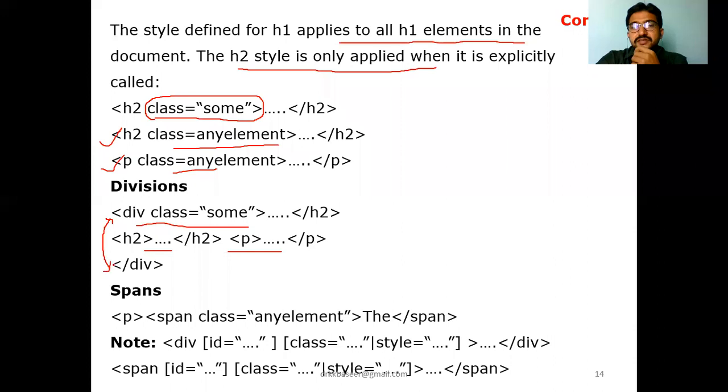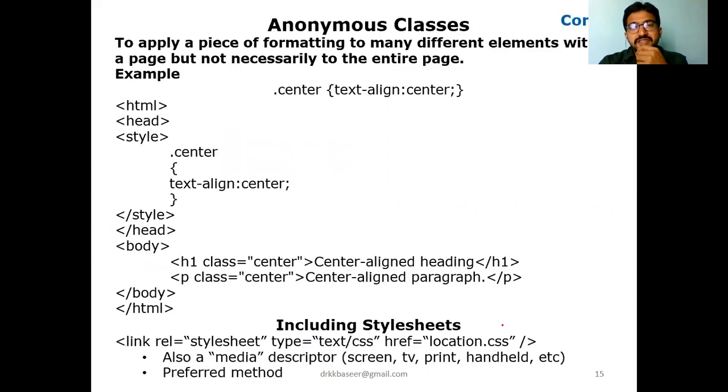For the span, class equal to any element is also like this. You can apply ID selectors and class selectors in the division element or in span. For one line or for multiple lines of text, you can use div or span. Span is applied for single line text, div is applied for multiple lines of text.